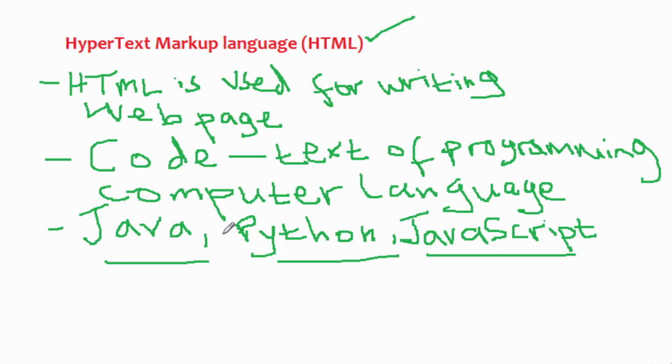For example, you may make an app using Java language, but you can make the same app using Python or JavaScript. But today, we want to see how we can use HTML to create simple web pages. And to do that, we are going to write HTML code.